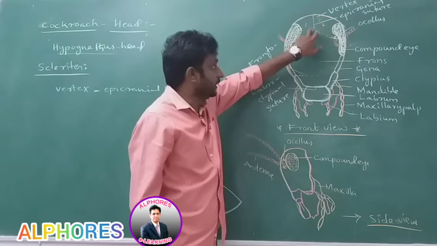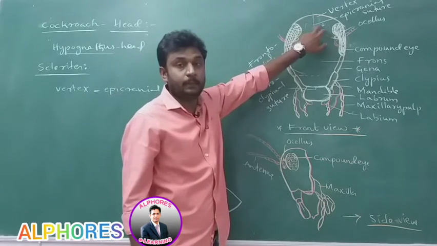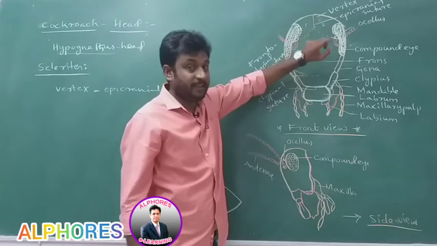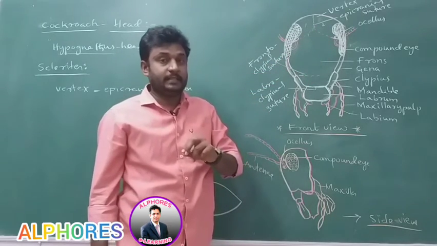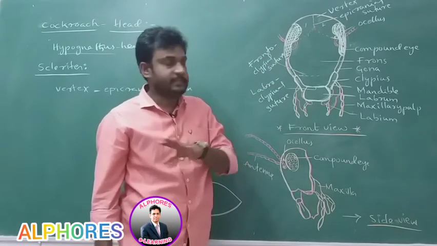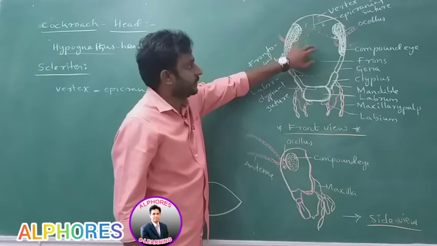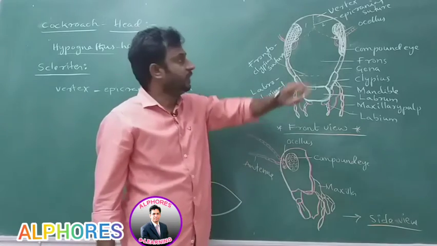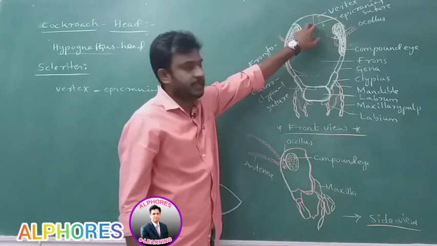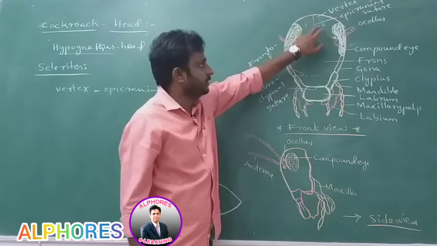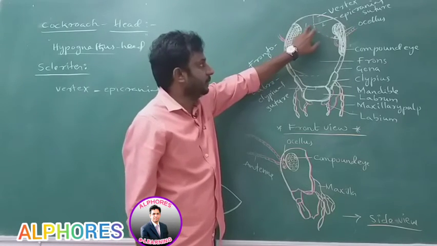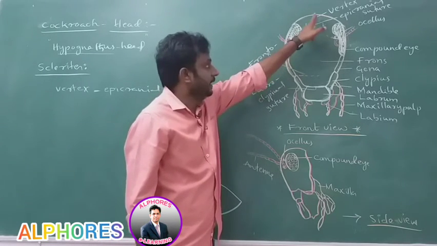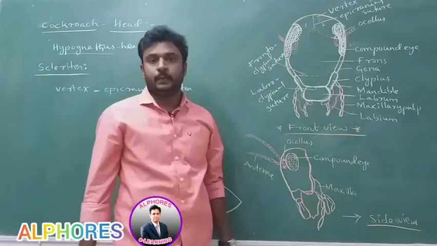The epicranial suture connects the two epicranial plates. The vertex, at the top of the head between the compound eyes, is covered with two plates called epicranial plates, which are connected by a suture called the epicranial suture.